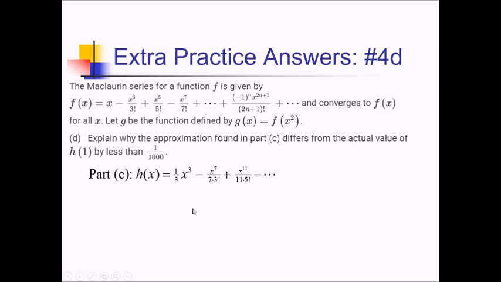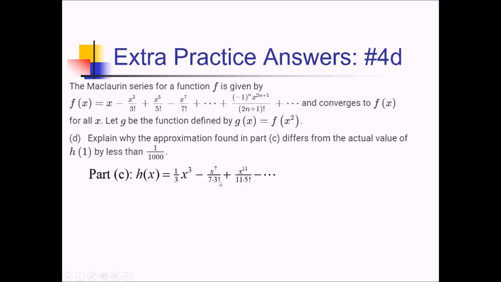Okay, so to do this, first we have to recognize that we have a series that is alternating, which is good. And also, if you plug in 1 for x, which is really what we're doing here, approximating h of 1, you'll notice that these terms are decreasing in absolute value to 0. Your numerator stays the same because it's just 1 to a bunch of different powers.